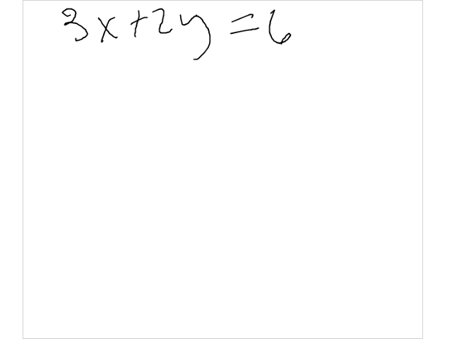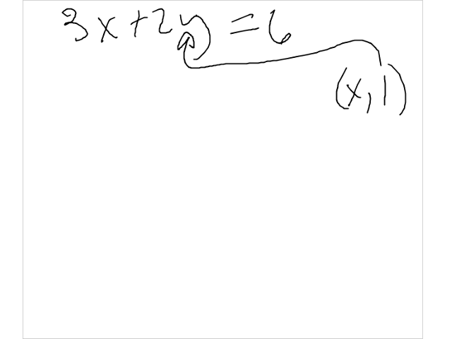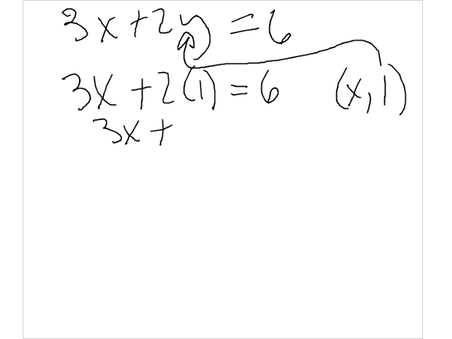Now the next thing they want us to do is find x when y is equal to 1. So we take this 1 and plug it in for y. And that would give us 3x plus 2 times 1 equals 6. Then we would subtract 2 from both sides.